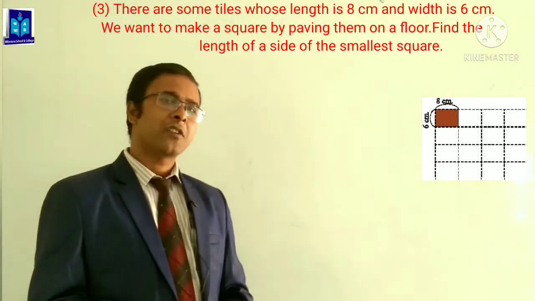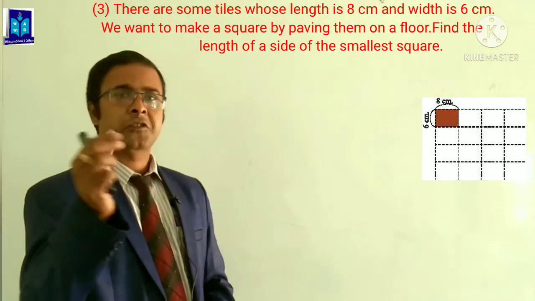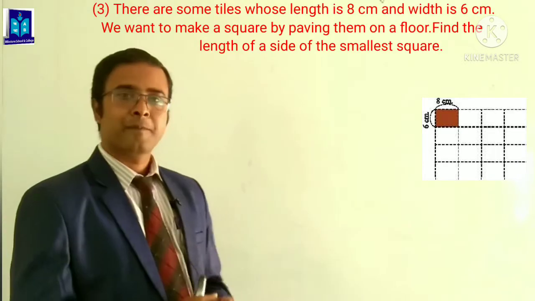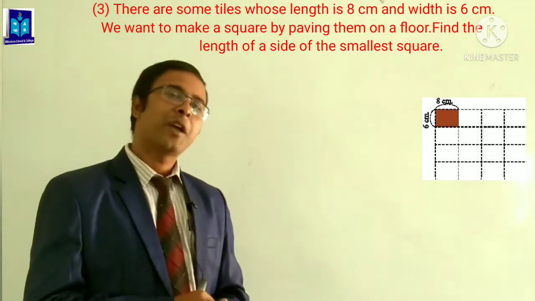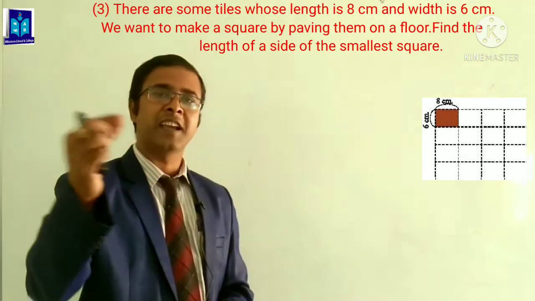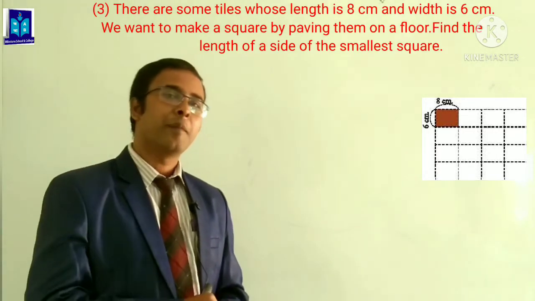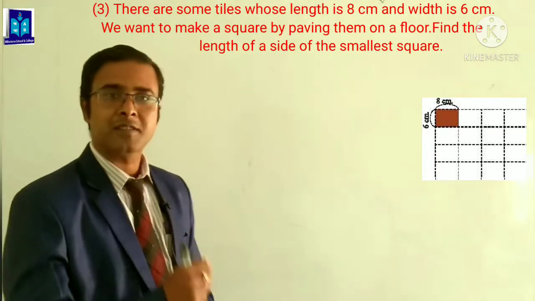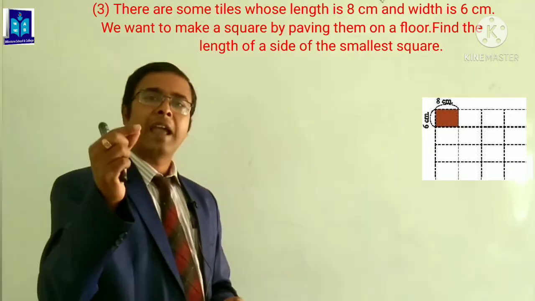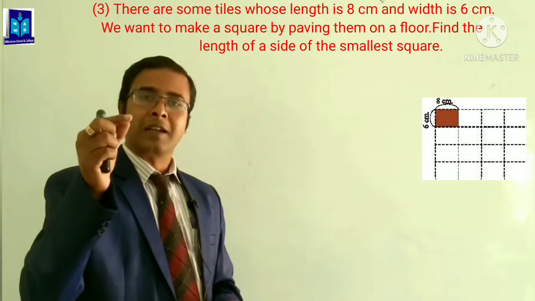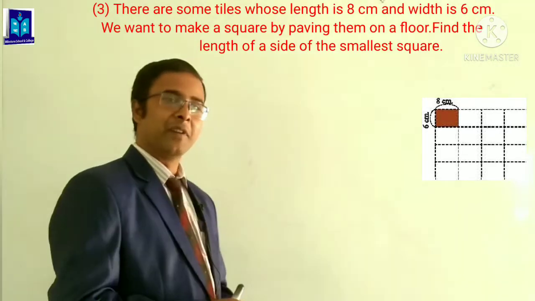Since the size of smallest square will be bigger than the tiles, for this reason we have to find LCM, that means least common multiple, because multiple of any number will be equal or greater than that number.